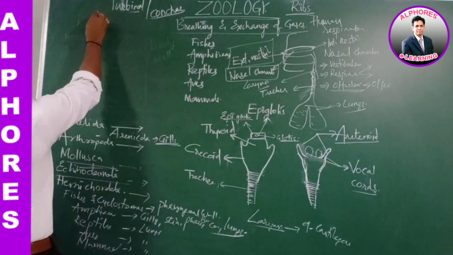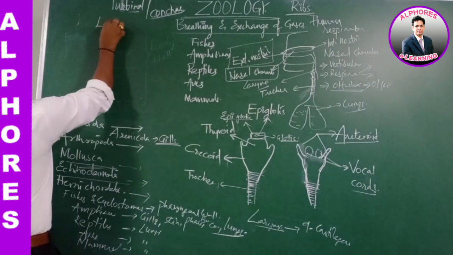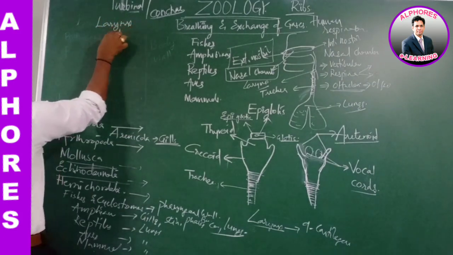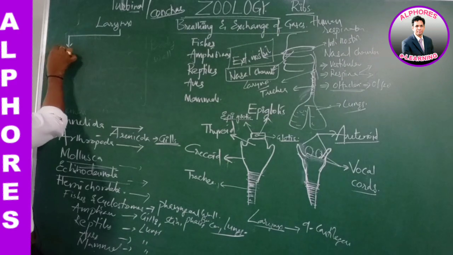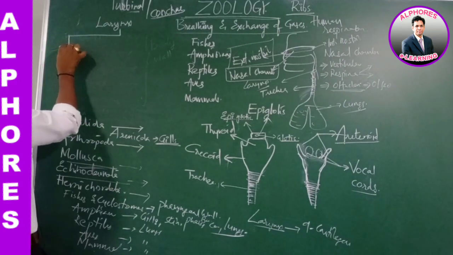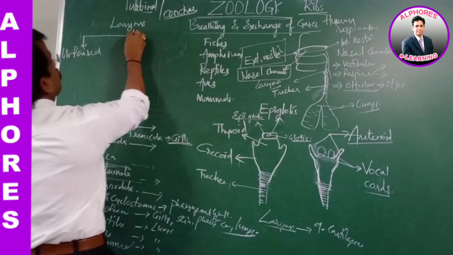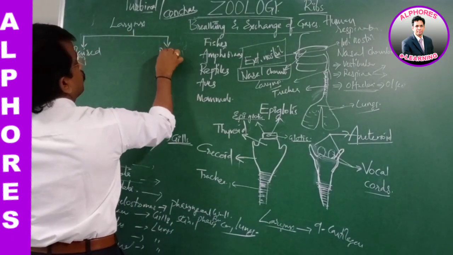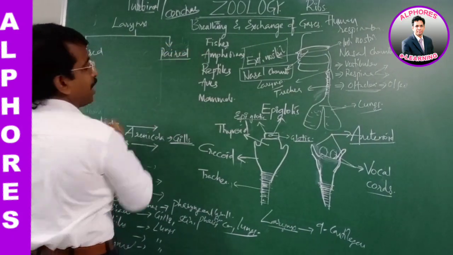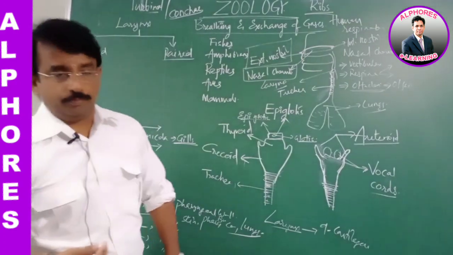The paired and unpaired cartilaginous plates, if we see: thyroid, paired, unpaired, unpaired, paired. Paired in the sense the ones that are 2.